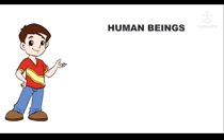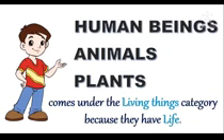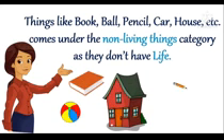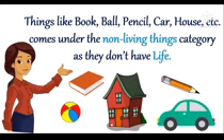Human beings, animals, and plants come under the living things category because they have life. Whereas things like book, ball, pencil, car, house, etc. come under the non-living things category as they don't have life.